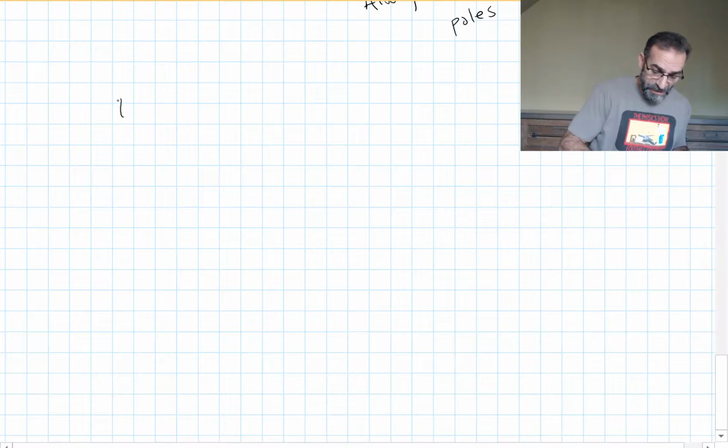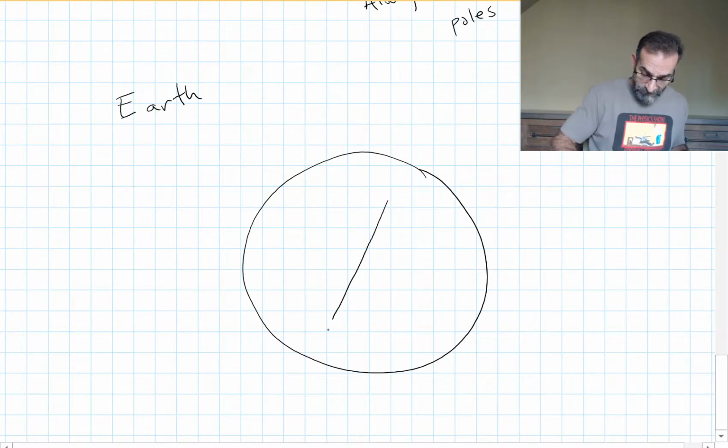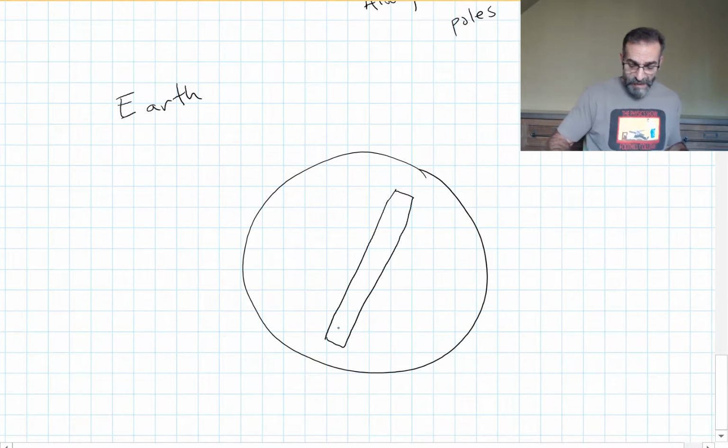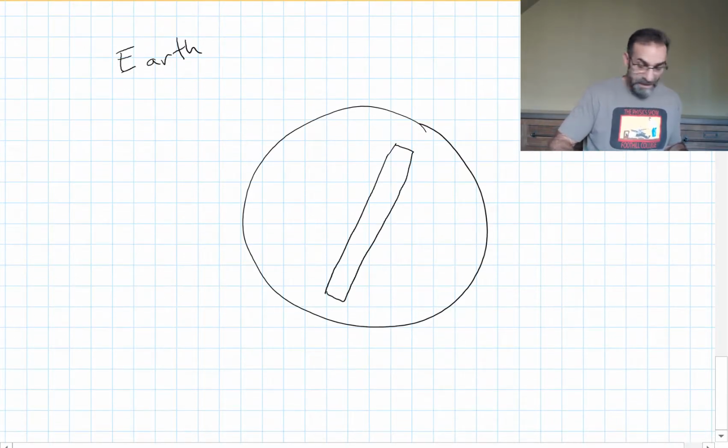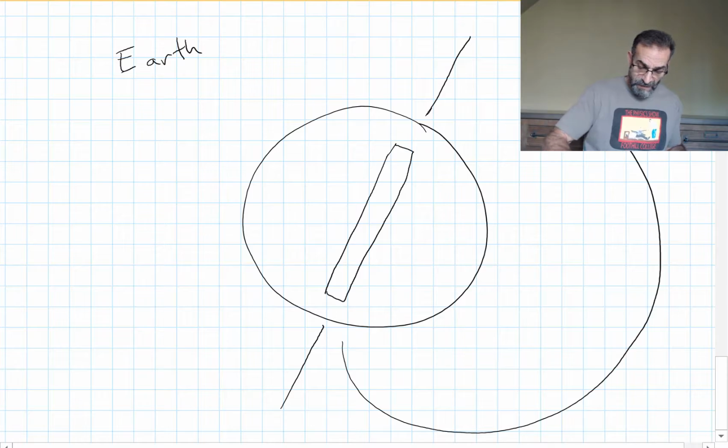Let's take a look at the Earth's field. It's as if the Earth is a bar magnet, and the magnetic field lines would look like the ones I drew earlier for a bar magnet.